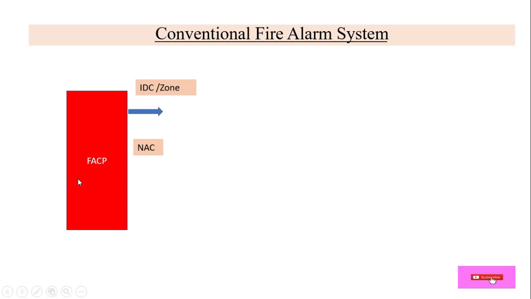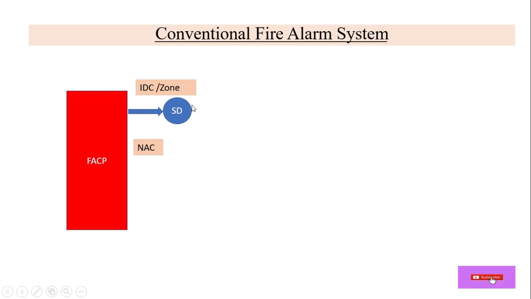So here is a central fire alarm control panel. From here, these are the initiating device circuits, and they are zone wise. Suppose this is zone 1, so from here this circuit starts, and it is connected to the smoke detector.